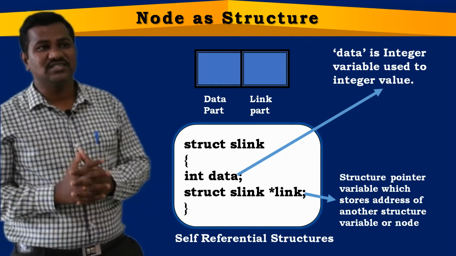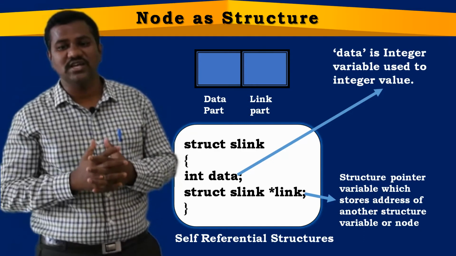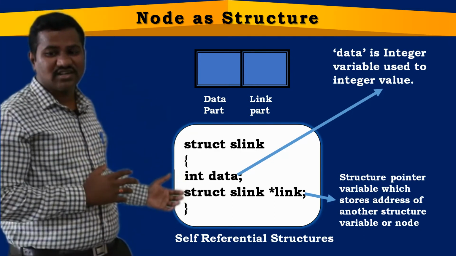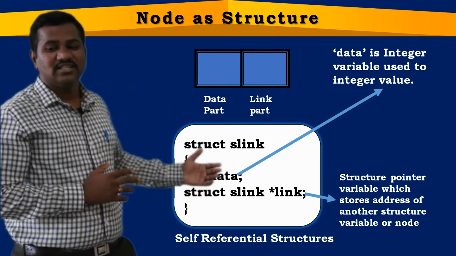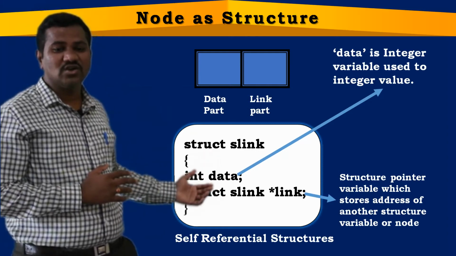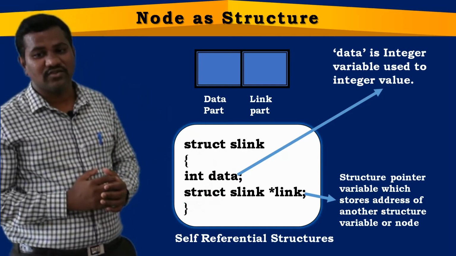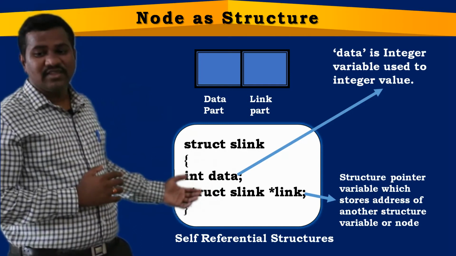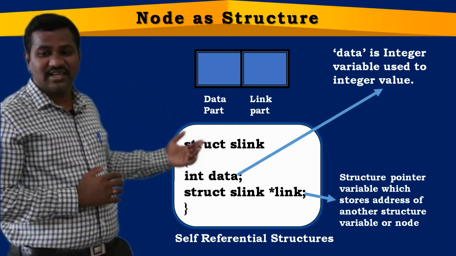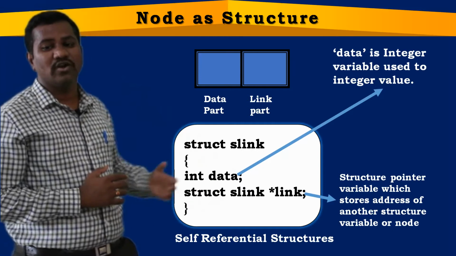If I take a star followed by some variable name, then it is a pointer variable which stores the address of another variable. With struct slink *link, this star link is in a position to store the address of a slink structure variable. You can observe that the name of the structure is slink, and inside this slink structure, I have taken a slink structure pointer variable.